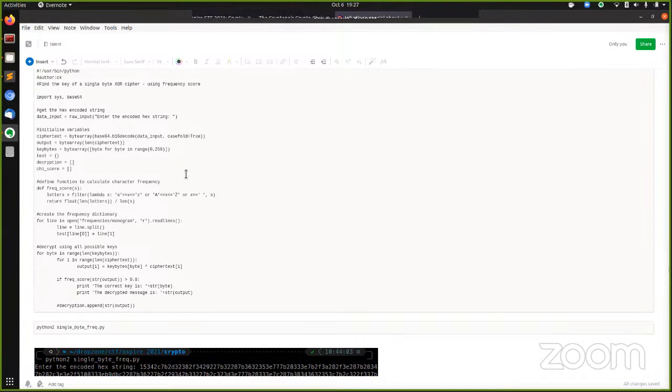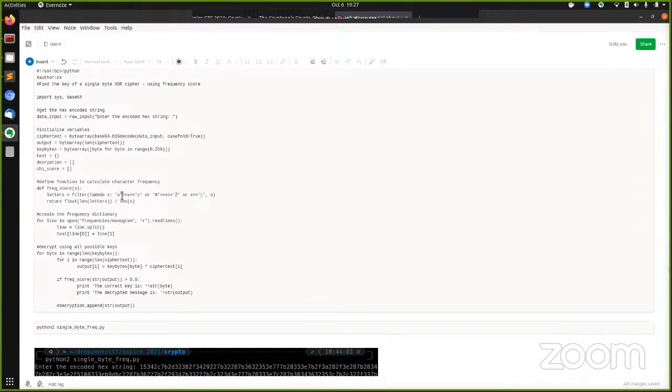Then for every decryption, we count the number of letters that we expect. In our case, the letters we expect are here: all lowercase letters A to Z, all uppercase letters A to Z, and a space.